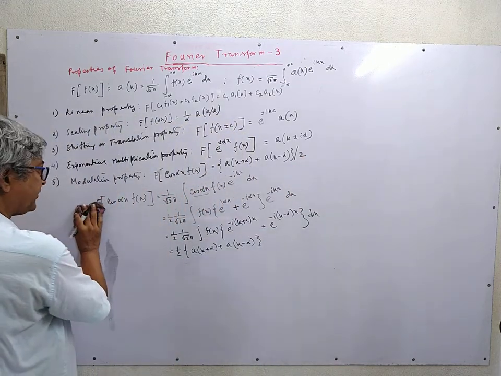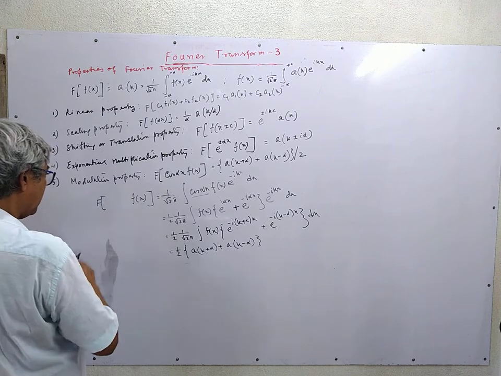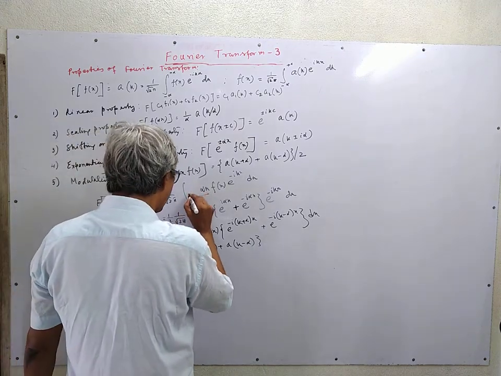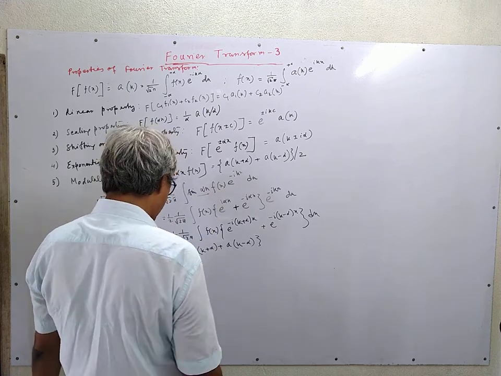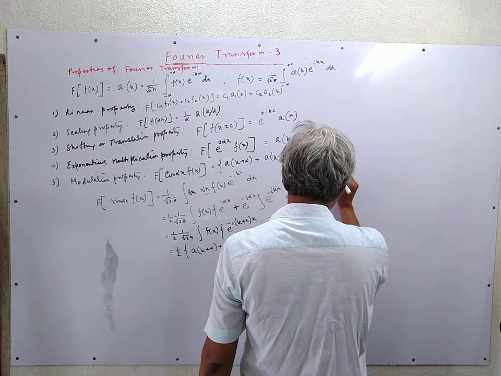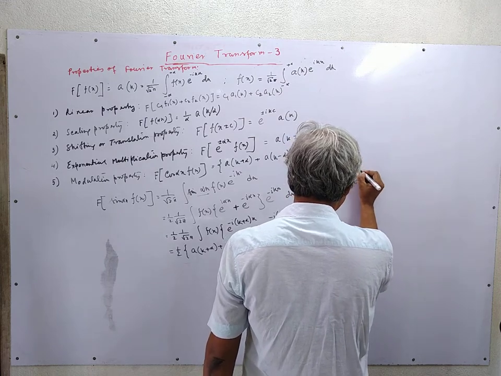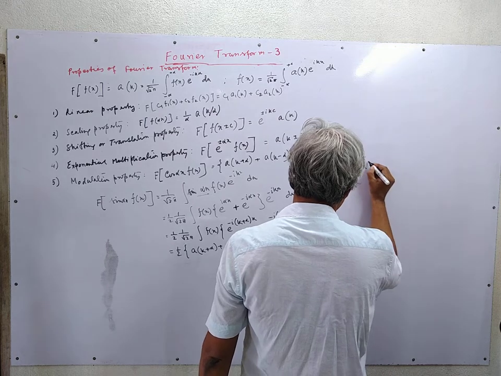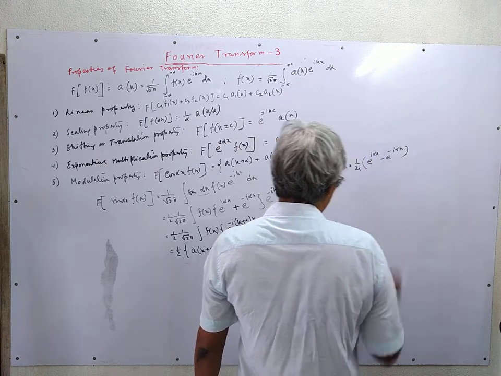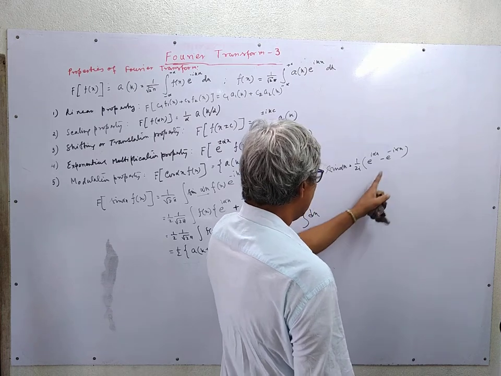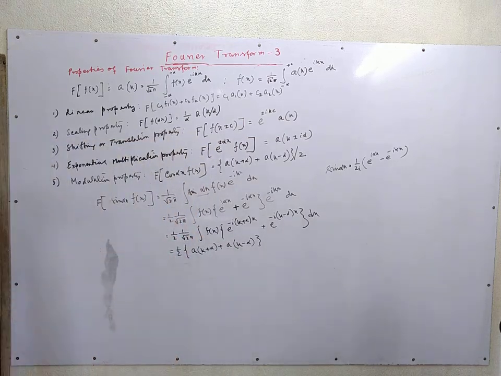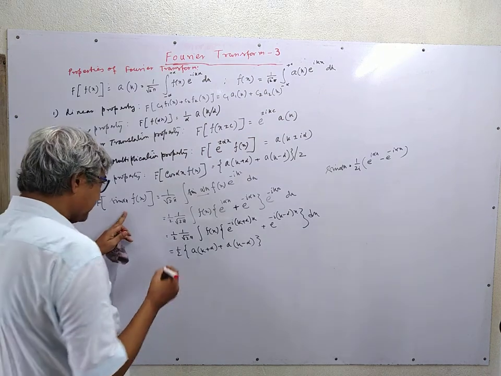Similarly you can consider the modulation by sine function. If it is modulated by sine function, then we will have sine of alpha x, and sine of alpha x can be written as, this is sine of alpha x, so we write it as, now I am indicating the changes as we go from modulation by sine to cosine.